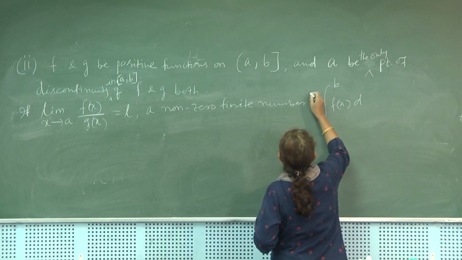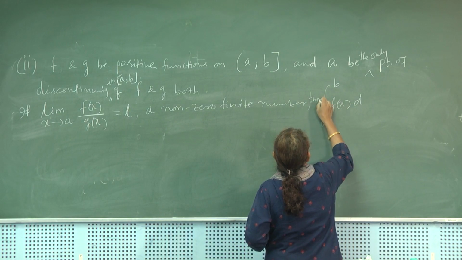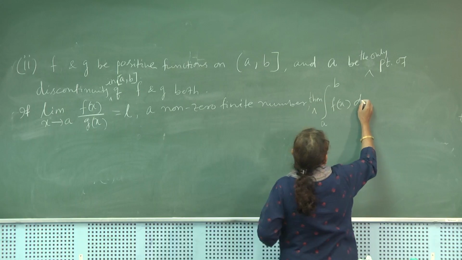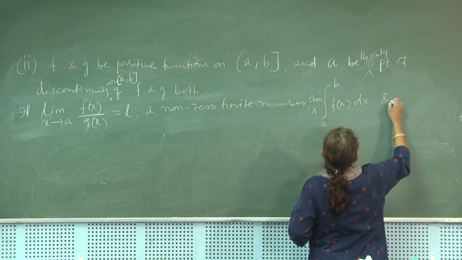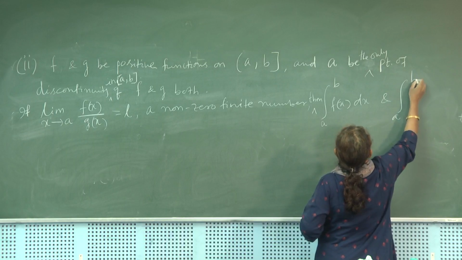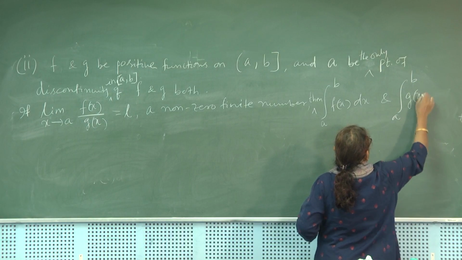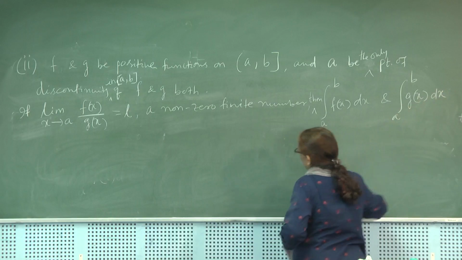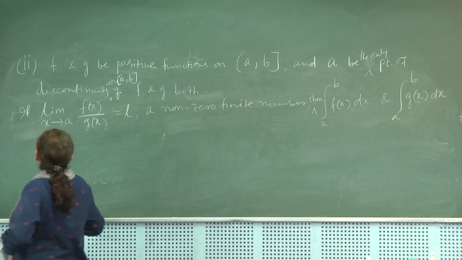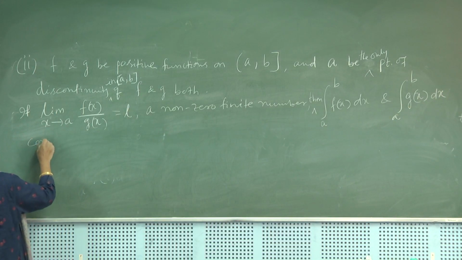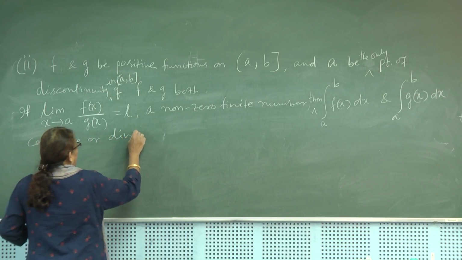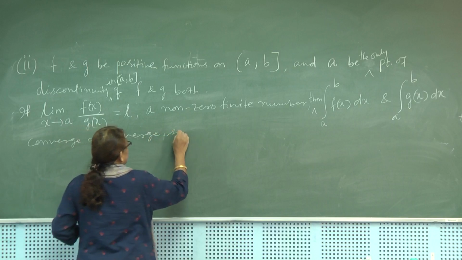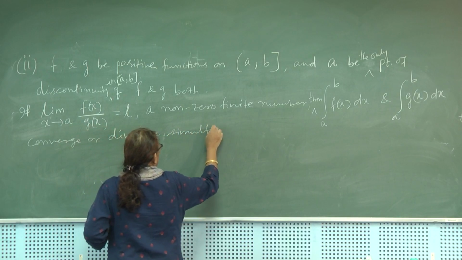If this holds, then this improper integral and the type 2 integral from a to b of g(x) dx converge or diverge simultaneously.